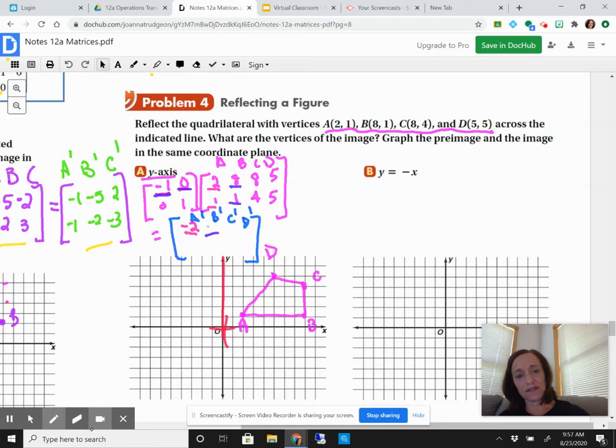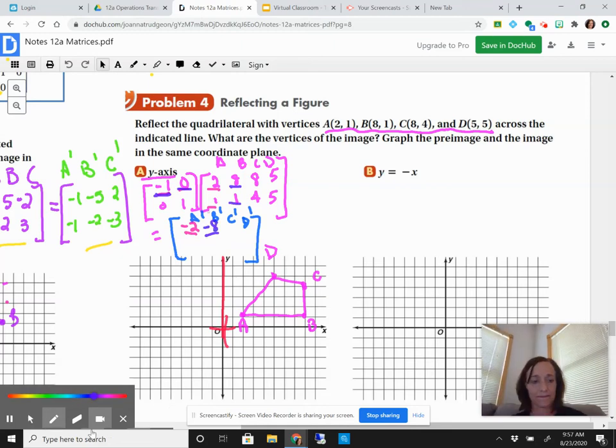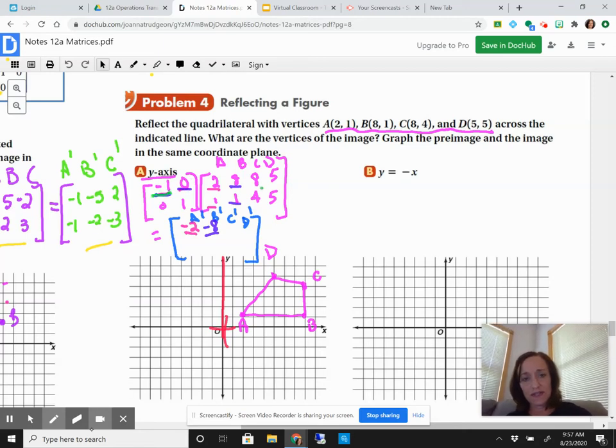So that's -8. All right, next one we'll do green. So -1 times 8 plus 0 times 4. That's also going to be -8. And the last one here, it's going to be -1 times 5, which is -5, plus 0 times 5, which is -5.